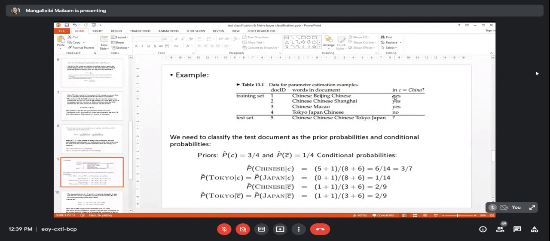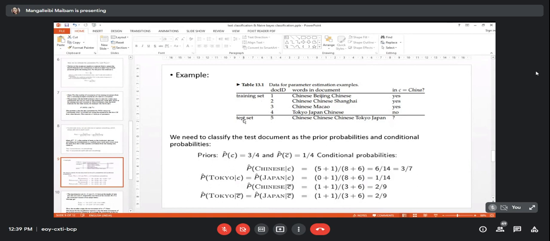Yes class is nothing but China. So document D1 belongs to yes class. Document D2 belongs to yes class. Document D3 belongs to yes class. Document D4 belongs to no class. That means it is not a China class.